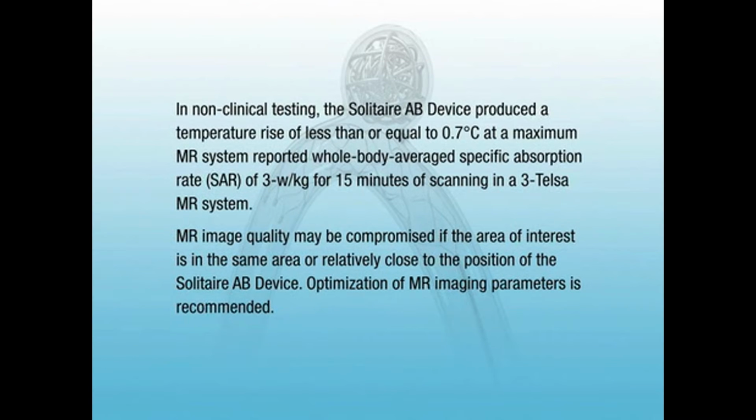In non-clinical testing, the Solitaire AB device produced a temperature rise of less than or equal to 0.7 degrees Celsius at a maximum MR system reported whole body averaged specific absorption rate of 3 watts per kilogram for 15 minutes of scanning in a 3 Tesla MR system.